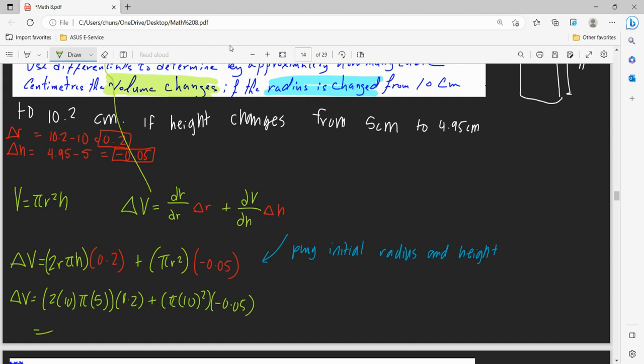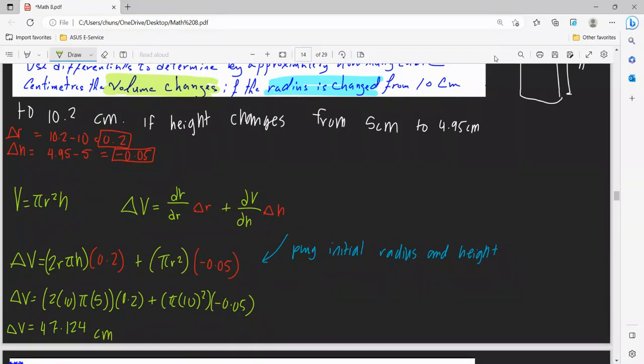So if we plug all of that in, our change in volume is equal to 2 times 10 times pi times 5 times 0.2, plus pi times 100 times negative 0.05, and this gives us a value of 47.124.